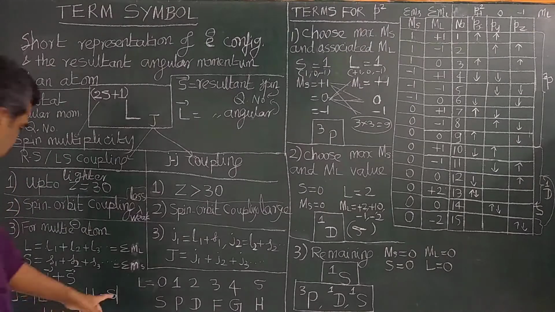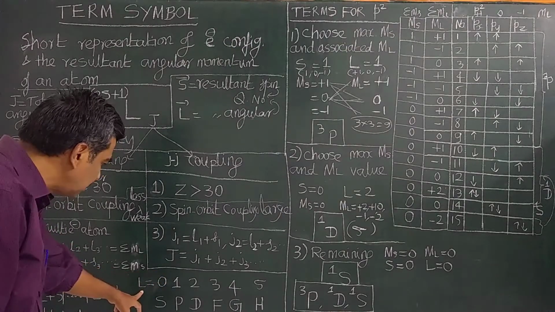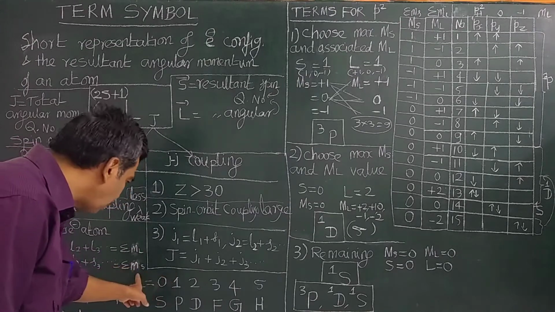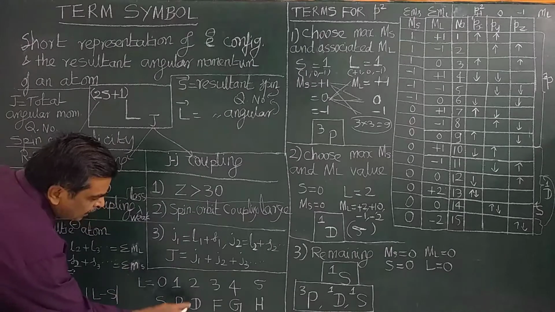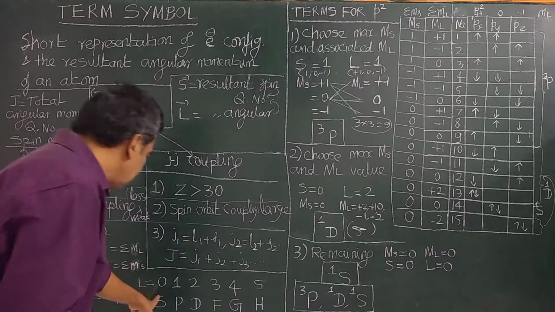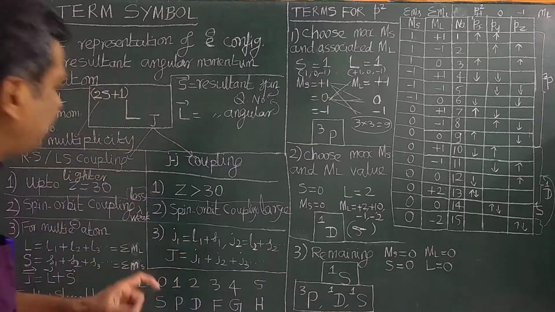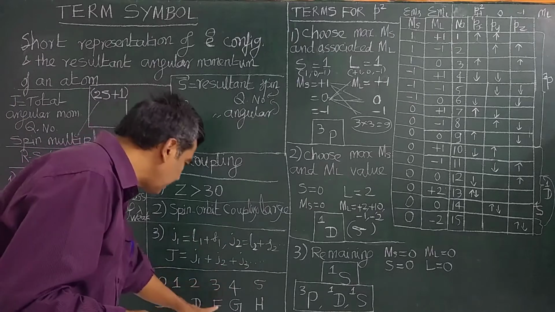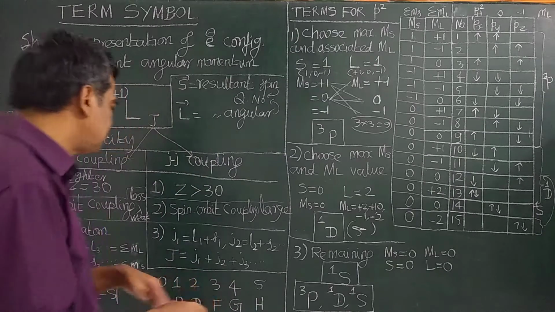For small l, l equal to 0 means s, l equal to 1 means p, l equal to 2 means d, and so on. For capital L, L equal to 0 means S state, L equal to 1 means P state, L equal to 2 represents D state, L equal to 3 represents F state, L equal to 4 represents G state, L equal to 5 represents H state, and so on.